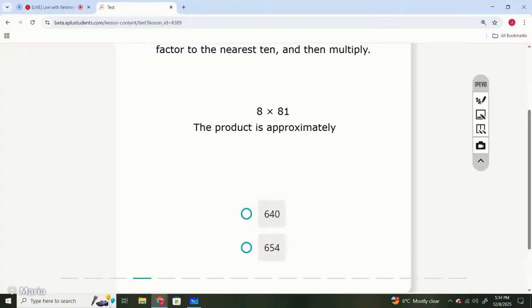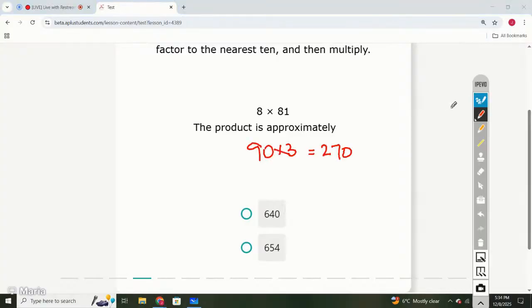8 times 81. So 81 is rounded to which 10? 81 is rounded to 80, so we have to do 80 times 8.